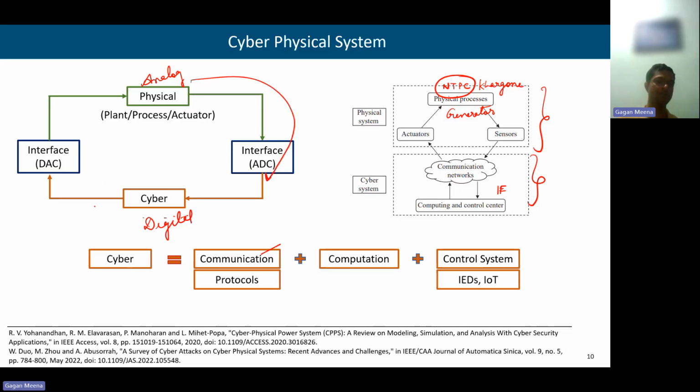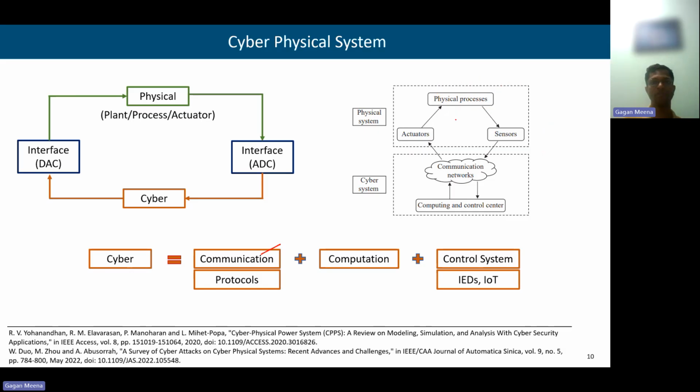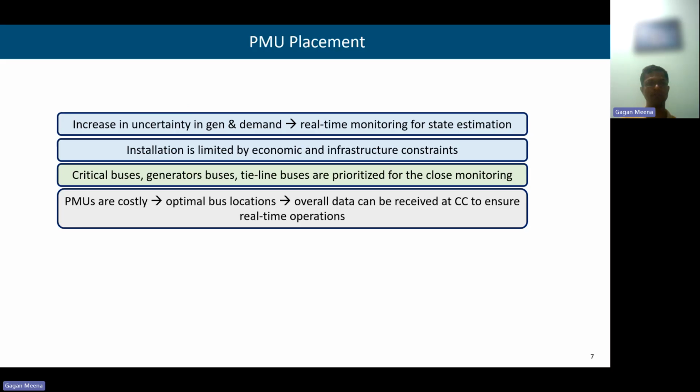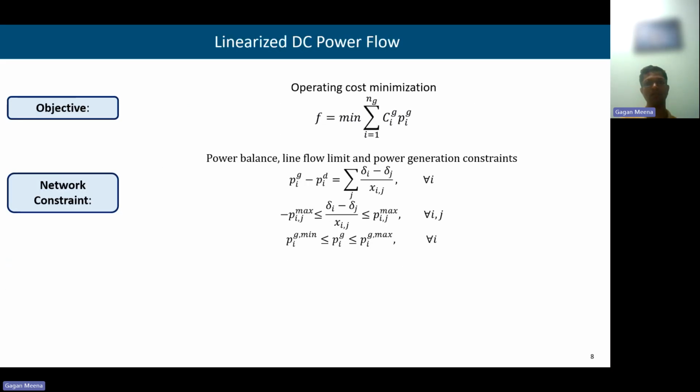And then again we need to convert it into analog so that we can take some control actions via the actuators, which actually work on the physical system or physical signals, which are analog in nature. I hope this PMU placement was very clear.